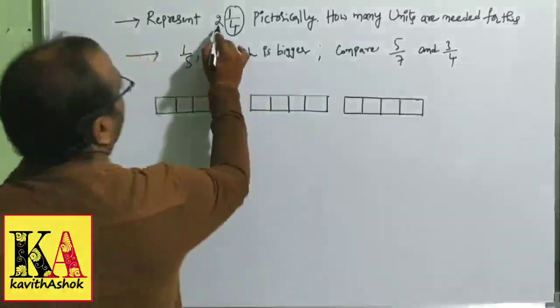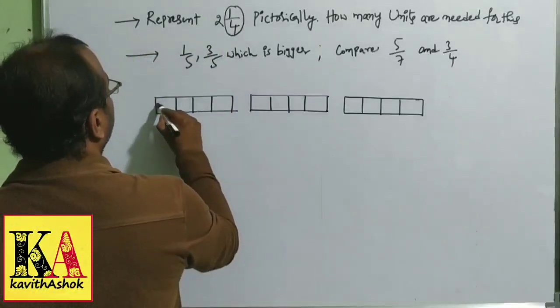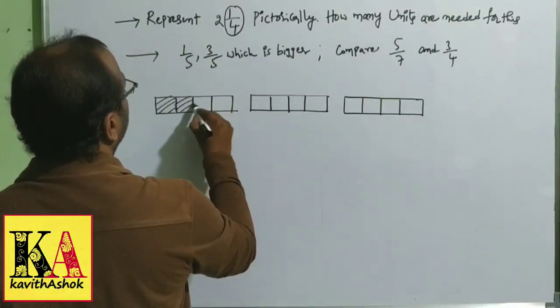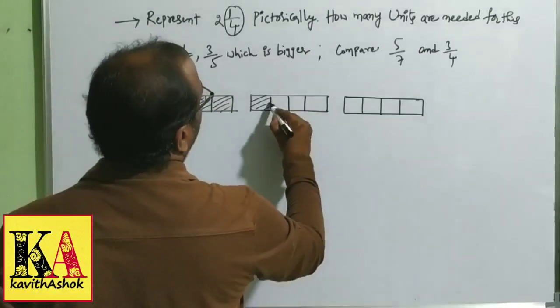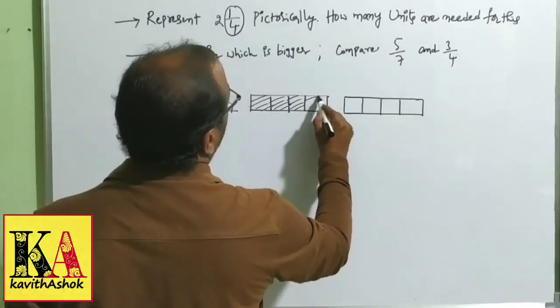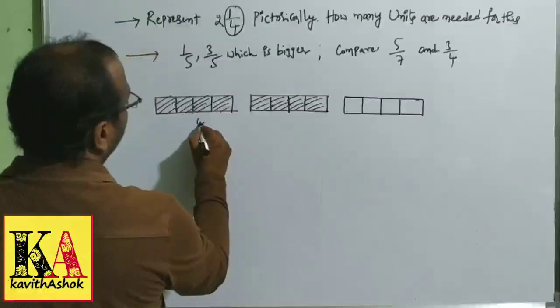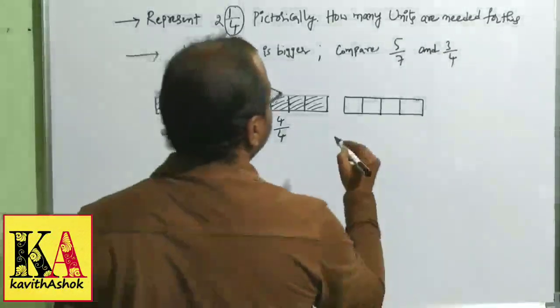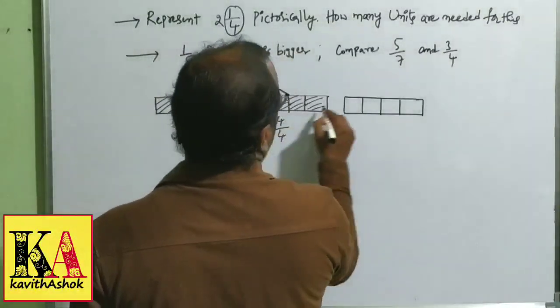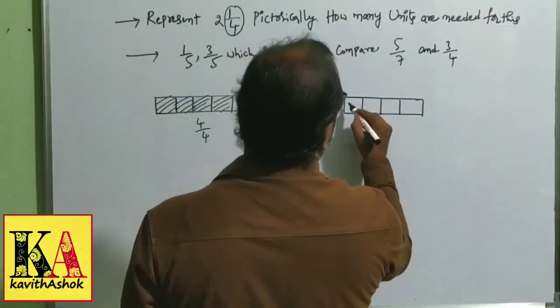Right. 2 parts are totally shaded. This one is completely shaded. Okay. 4 out of 4 is shaded here. In this, out of 4, 1 part is shaded.